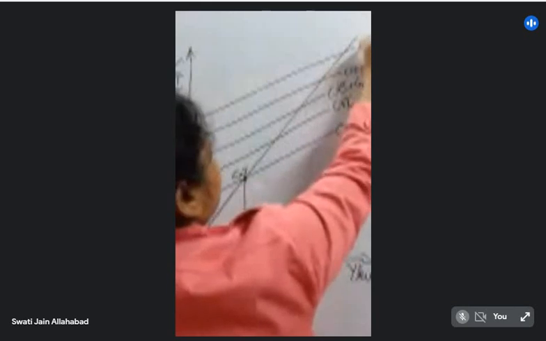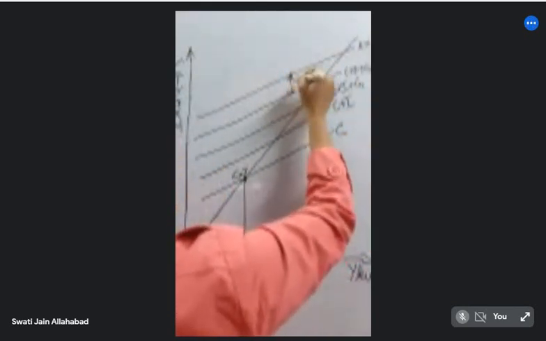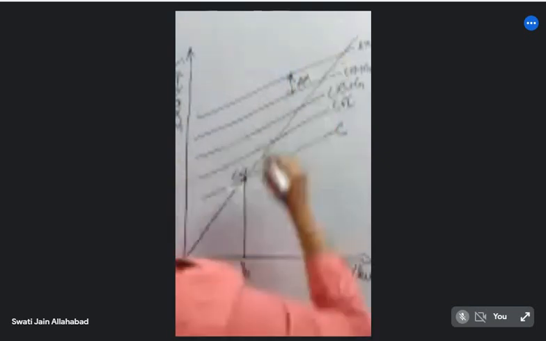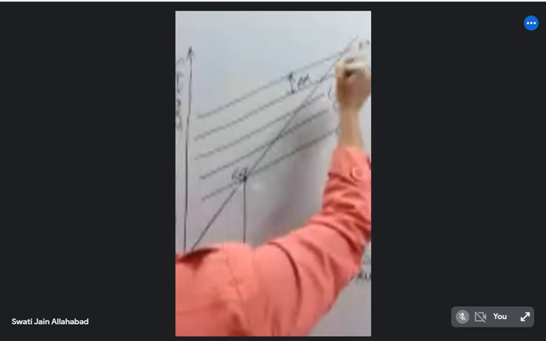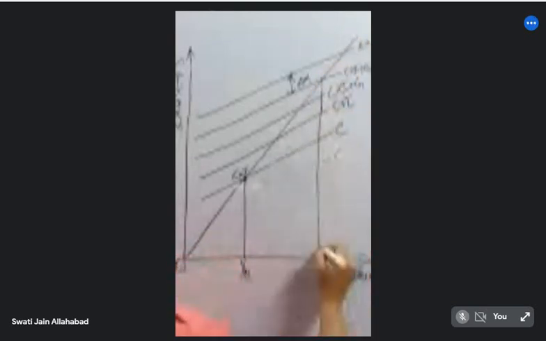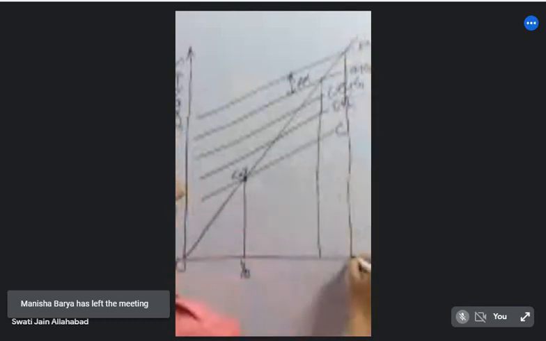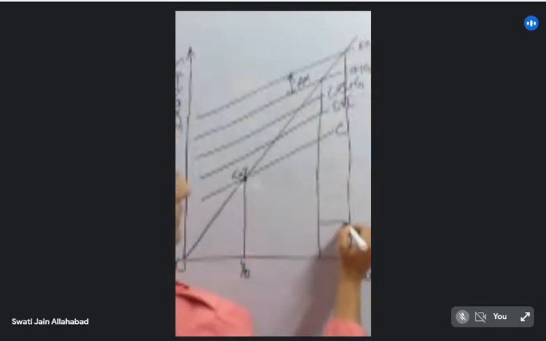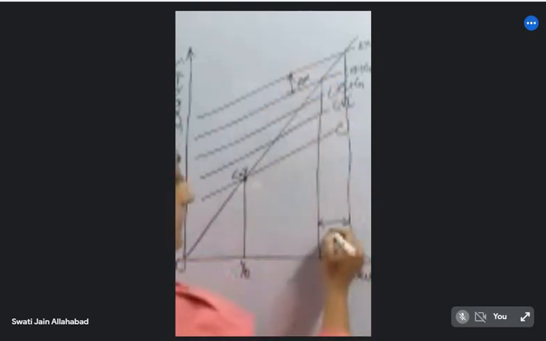Okay, so this is due to delta X. Now this distance is the delta X. Now you can see that as you increase X, the income level goes up. And the distance of delta X is lesser than the distance of delta Y. So that's how the multiplier process will work.